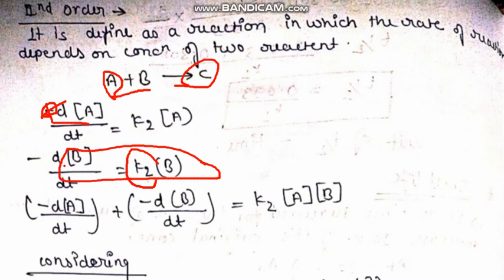Here K2, which has been used with respect to B and with respect to A, represents the second order rate constant.